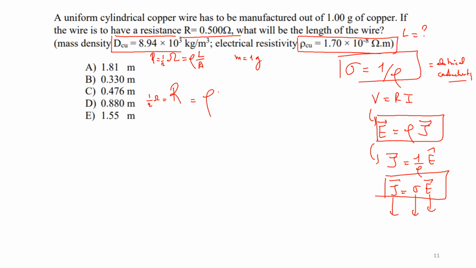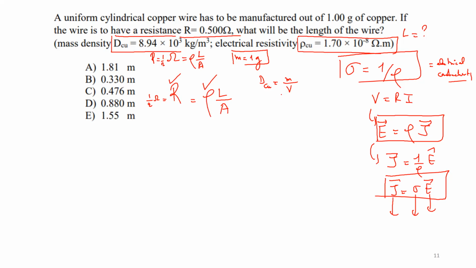So the resistance is rho L divided by A. I know rho, I know R. Now what should be L divided by A? Good question. Here what I gave you is the mass, and I give you the density of copper. So you know that, of course, density of copper is just mass of copper divided by volume of copper.